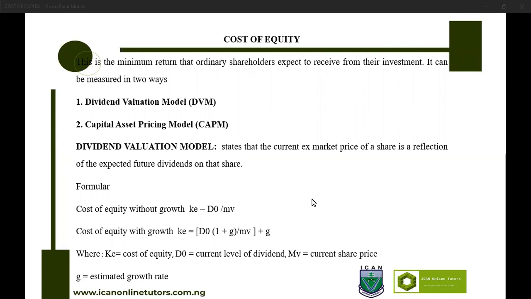It is D, small o. So we have the MV, which represents the market value of equity. And we have the g, which represents the estimated growth rate, that is, when there is growth in dividend.